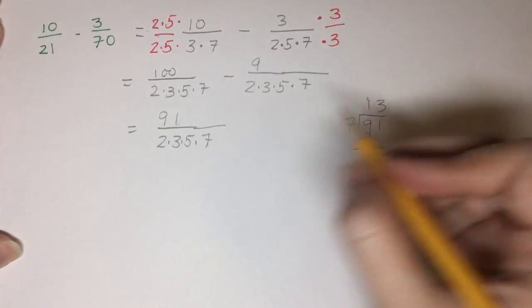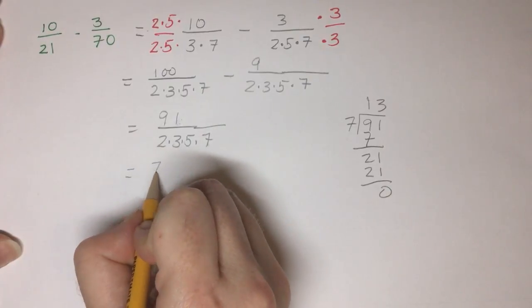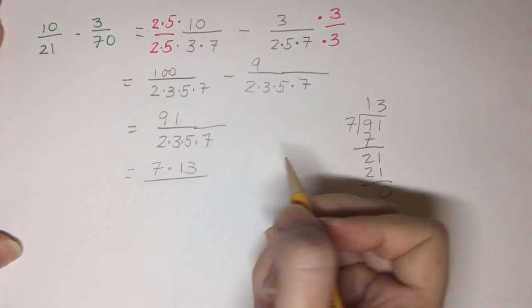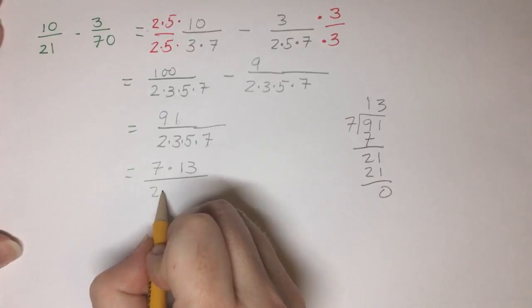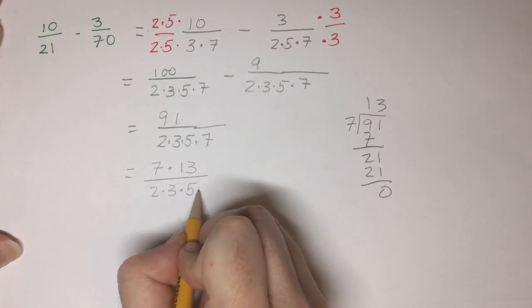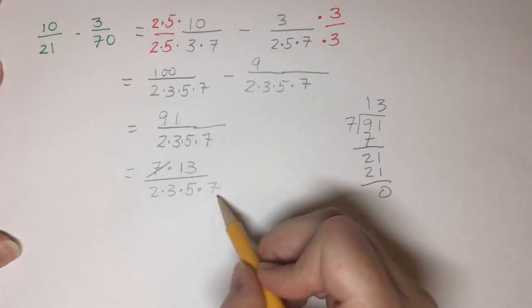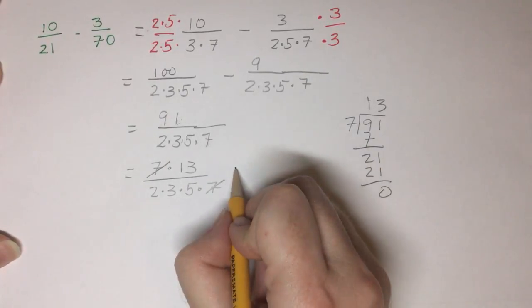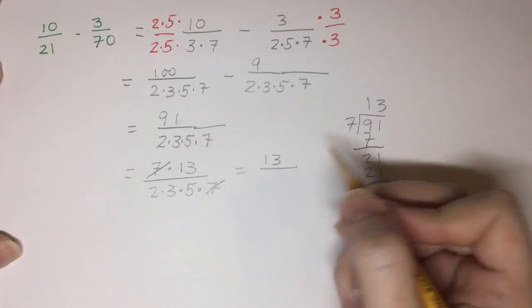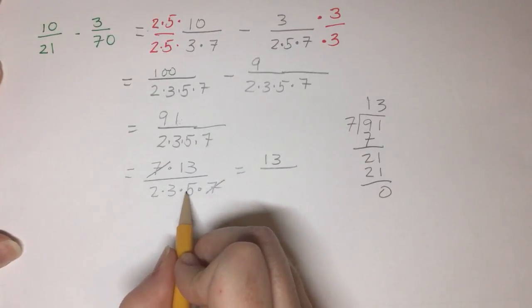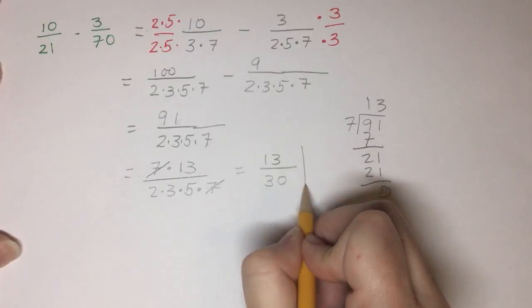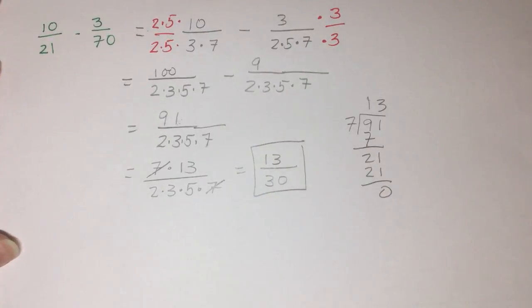And it does. 91 factors as 7 times 13. And that's not going to be the sort of factorization you just see automatically like you have with all the others. 7 is the common factor, we can divide it out. 13 over 2 times 3, 6, 6 times 5, 30. And I know this is reduced because I've used my prime factorization.